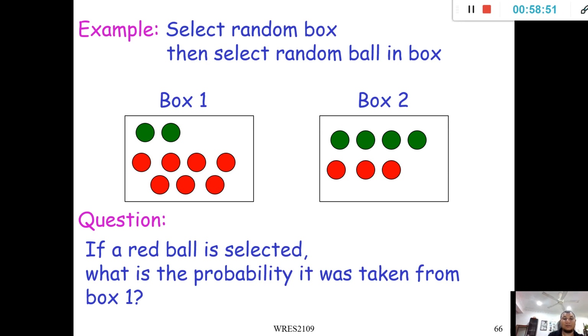Okay, so select a random box, then select a random ball in the box. You have box 1 and box 2. Box 1 has 2 green and 7 red. Box 2 has 4 greens and 3 reds. If a red ball is selected, what is the probability that it was taken from box 1?